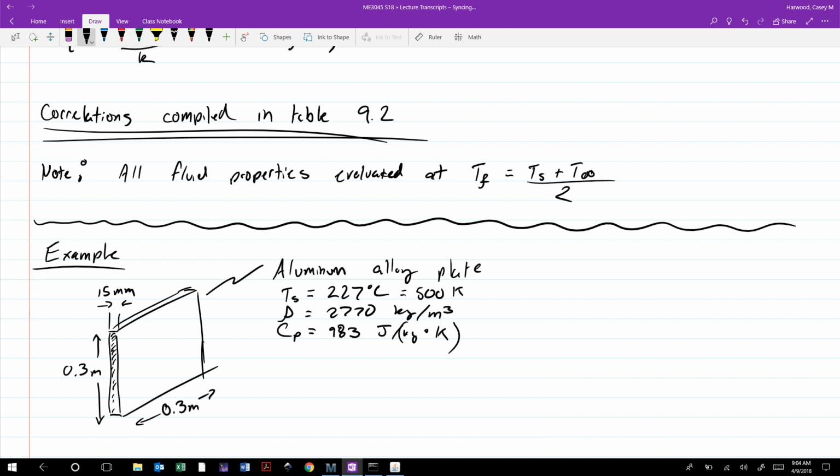So it's being placed into a room with a temperature of T infinity equal to 27 degrees Celsius, which is equal to 300 Kelvin.